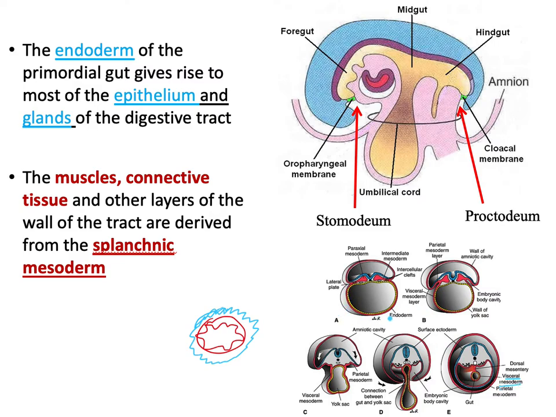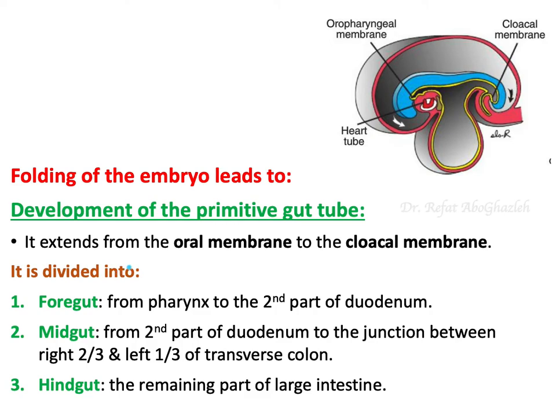Do you remember the visceral mesoderm, this one, the red one? So now it gives the muscles and connective tissue, not just encircling the endoderm. So you know that the nervous system in the embryo grows very fast.